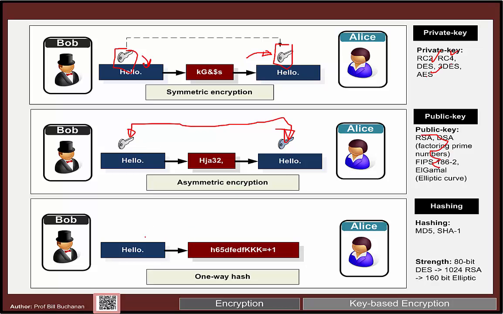And then in the next unit we'll be looking at our hash functions, our one-way function, where we go from our data into a one-way function which can't really be reversed mathematically to produce our fingerprint. And we'll see MD5 and SHA-1 are typical one-way hashes.